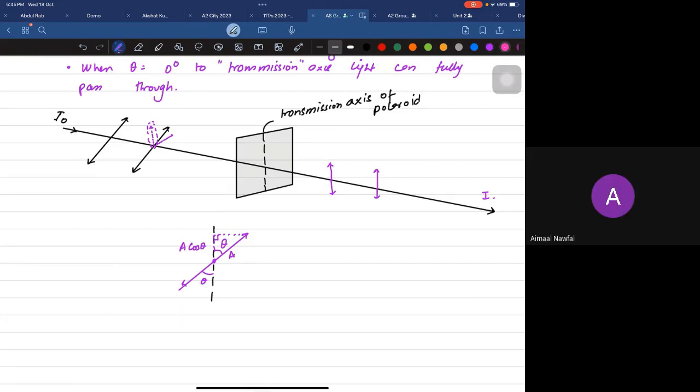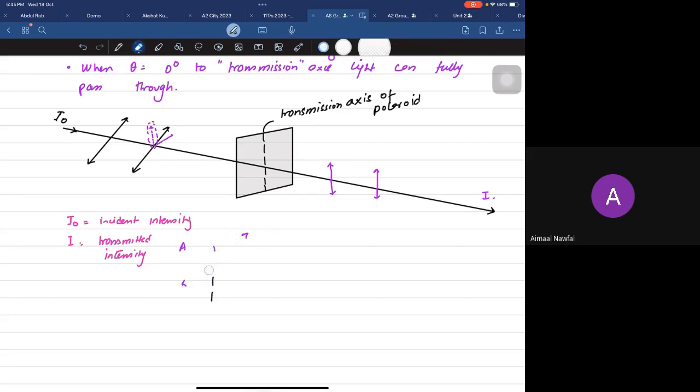I want to tell you that I naught is the incident intensity, and I is the transmitted intensity. This wave is at a certain angle to the transmission axis. Let me explain it again.